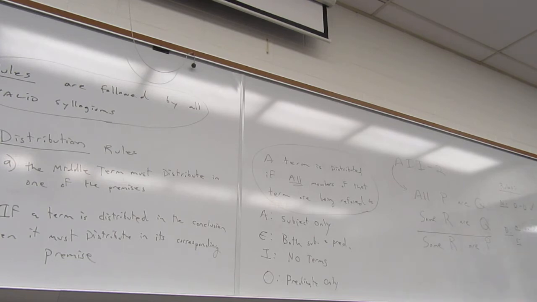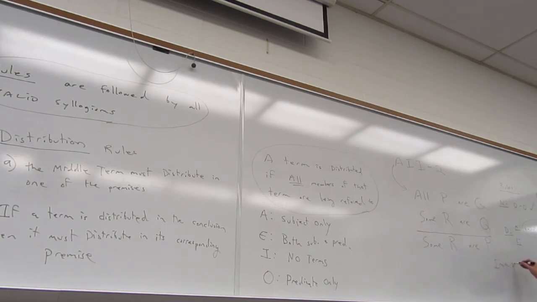The middle term does not distribute in either of the premises because it's the predicate of A statements. A statements only distribute subjects. And it's the predicate of an I statement. I statements don't distribute any terms at all. So this one is invalid.